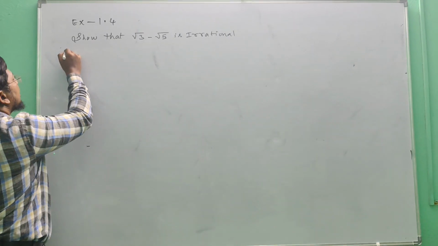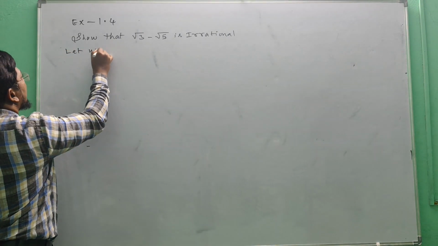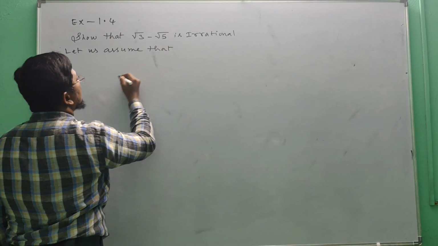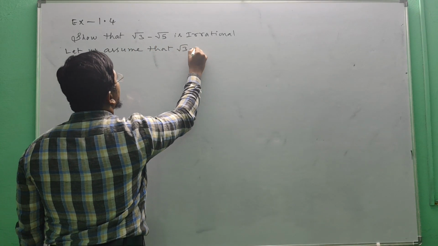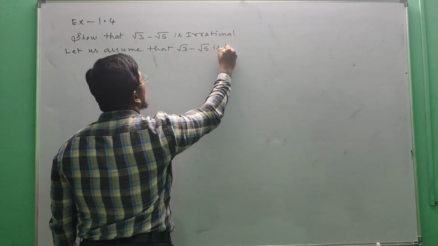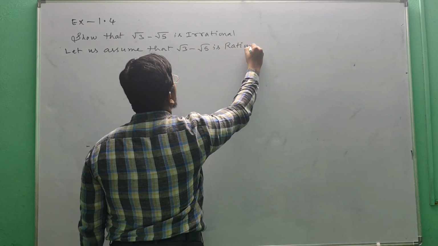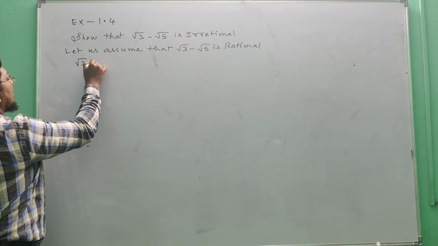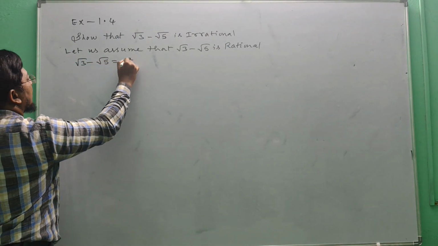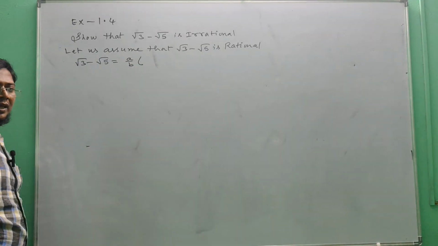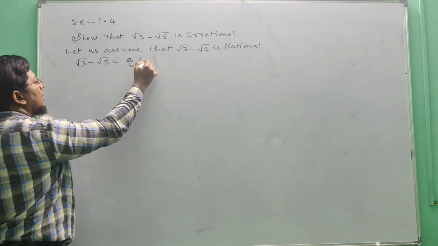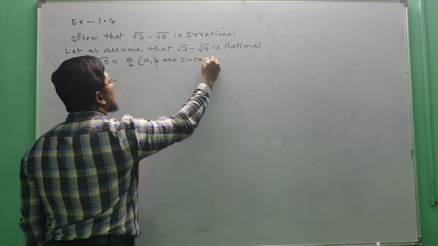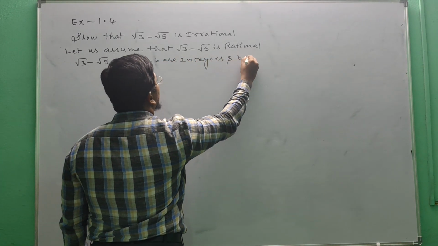The first step, let us assume that root 3 minus root 5 is what we assume? Yes, very good, rational. Root 3 minus root 5 is equal to a upon b. Okay, so what is a upon b? A comma b are integers and b not equal to 0.